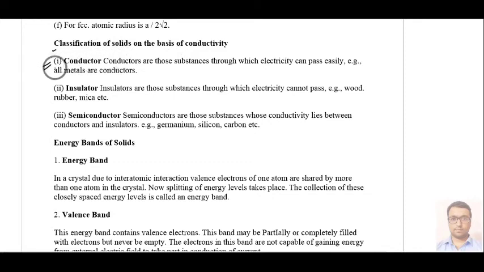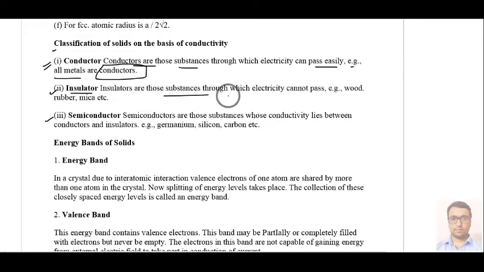So we have three kinds of solids, which are conductor, insulator and semiconductor. Now conductors will be those solids or substances through which electricity can pass easily, that is all metals will be considered as conductors. After that we have insulators.